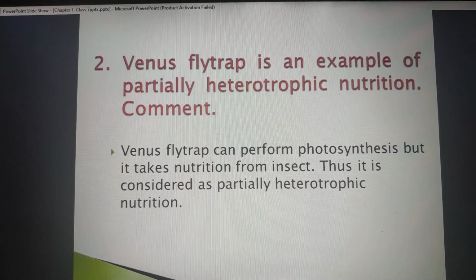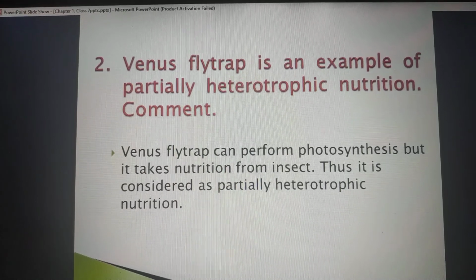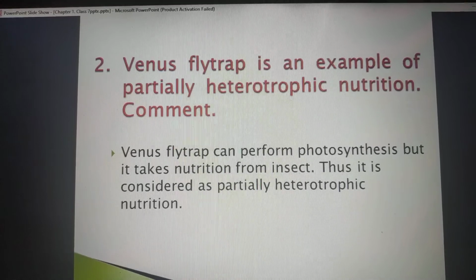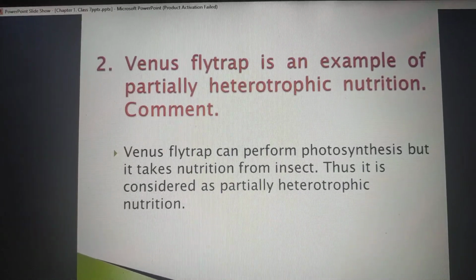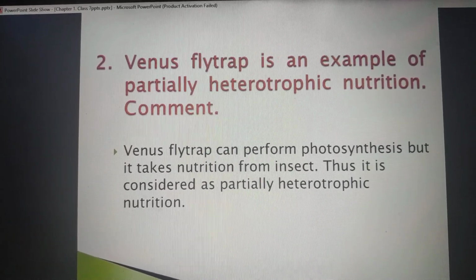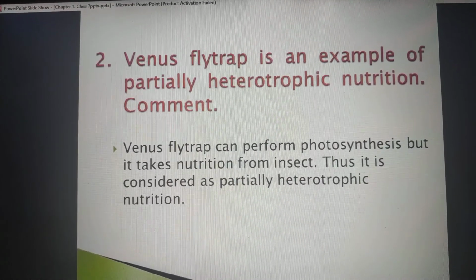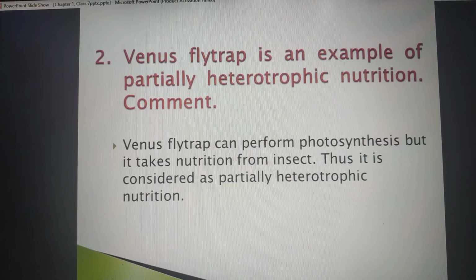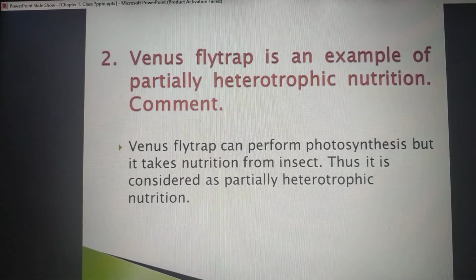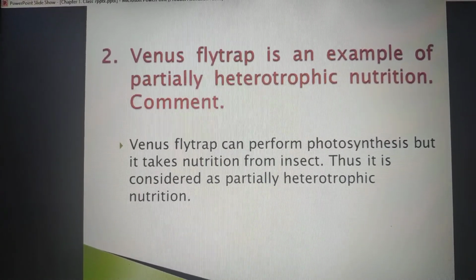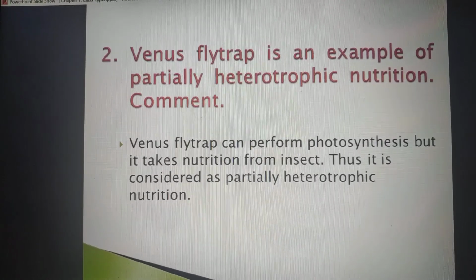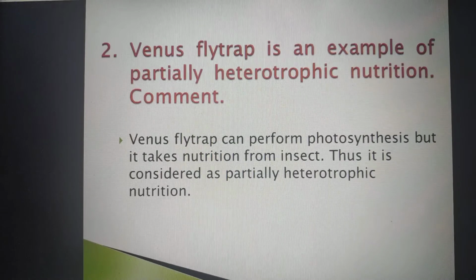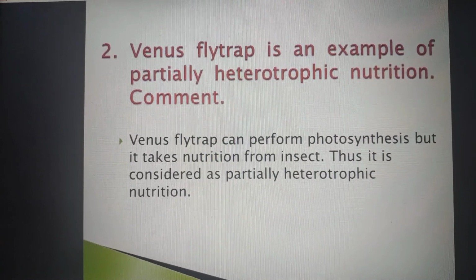Thus, they eat insects to get the nitrogen, and after getting the nitrogen from the insects, they perform photosynthesis. Okay students, now write down your answer. Venus flytrap can perform photosynthesis, but it takes nutrition from the insects. Thus it is considered partially heterotrophic nutrition. Clear?